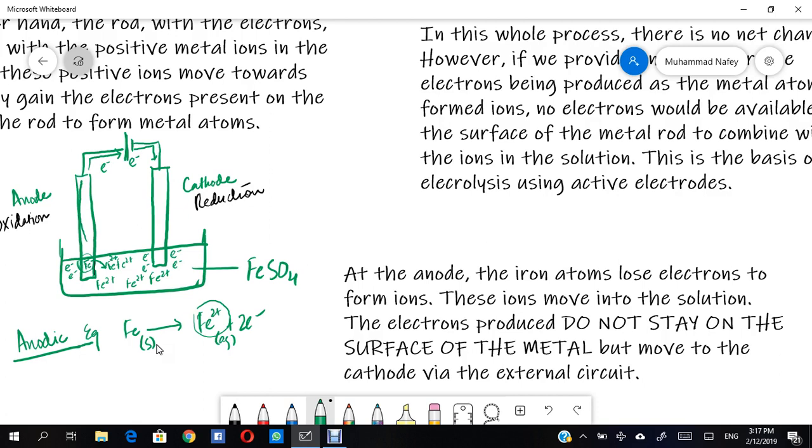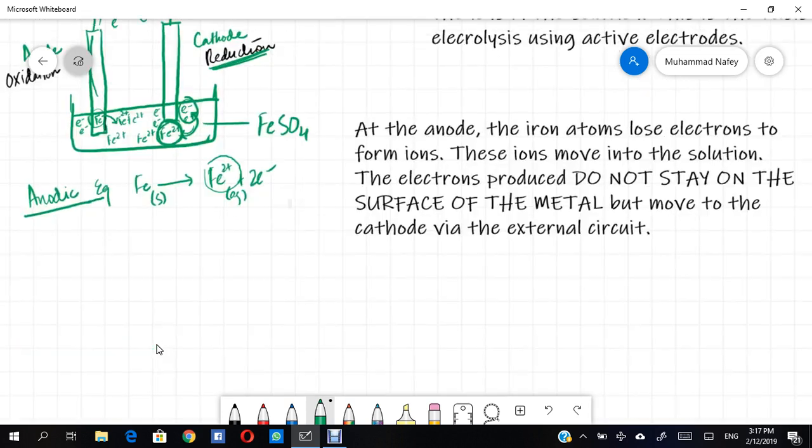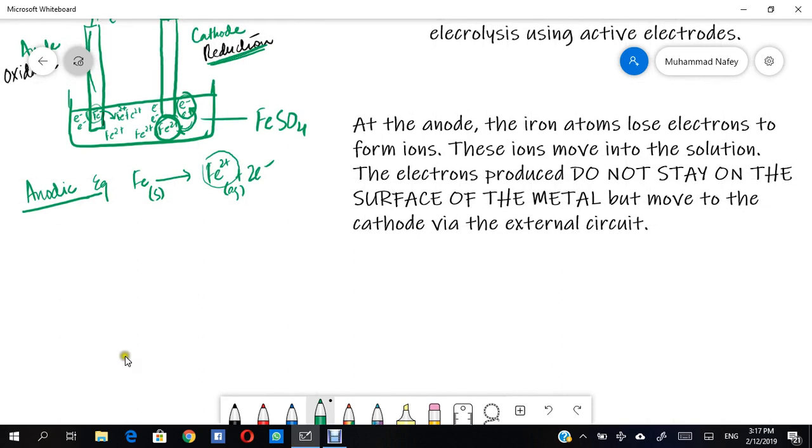At the cathode, a reduction reaction has to take place. So these iron ions move to the cathode where they come in contact with these electrons and gain the electrons to form iron atoms. So what happens at the cathode?